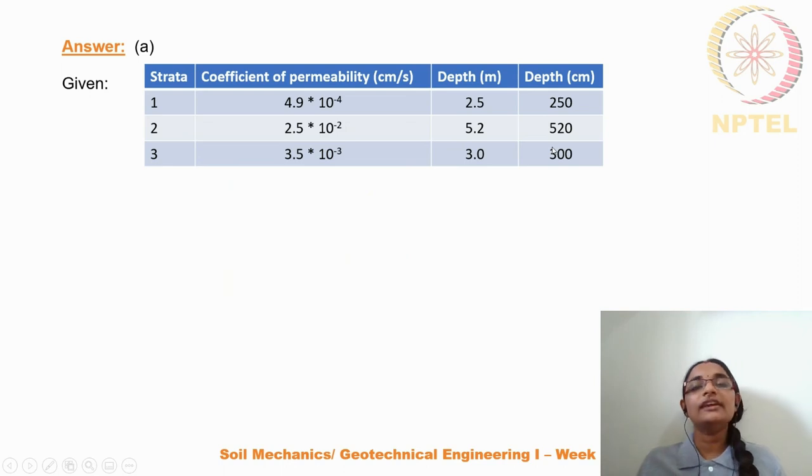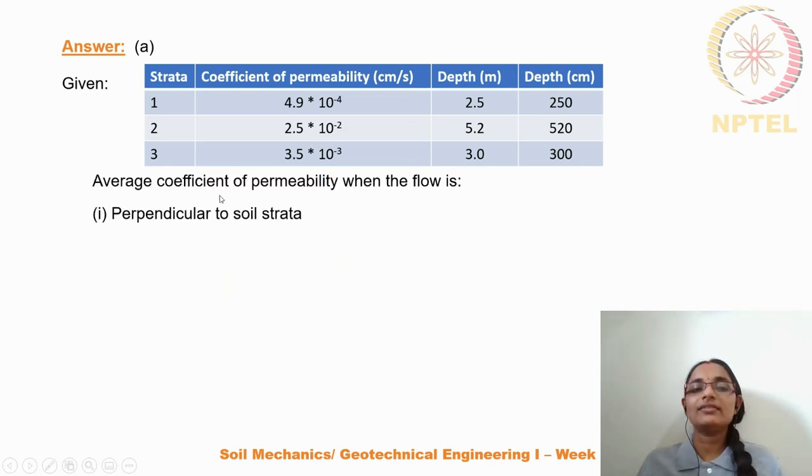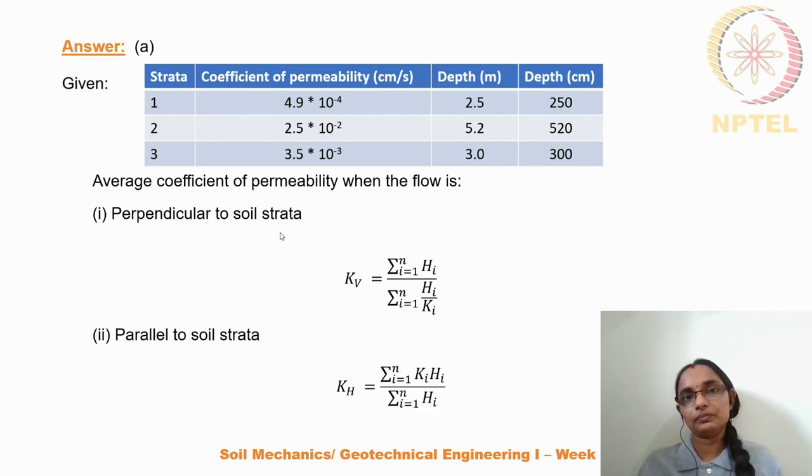Now, we have two equations for the average coefficient of permeability: one when the flow is perpendicular to the soil strata, and one when the flow is parallel to the soil strata.